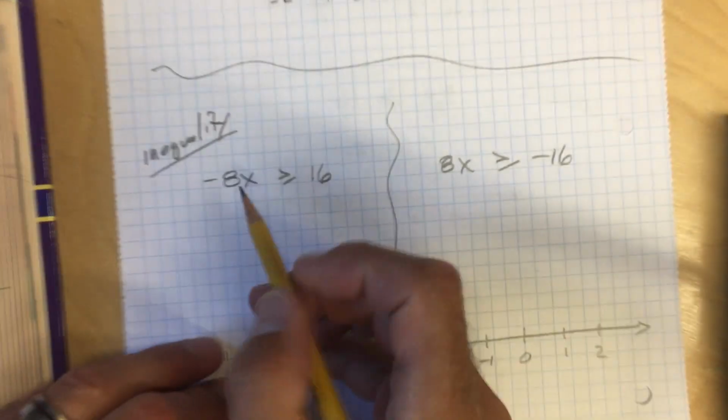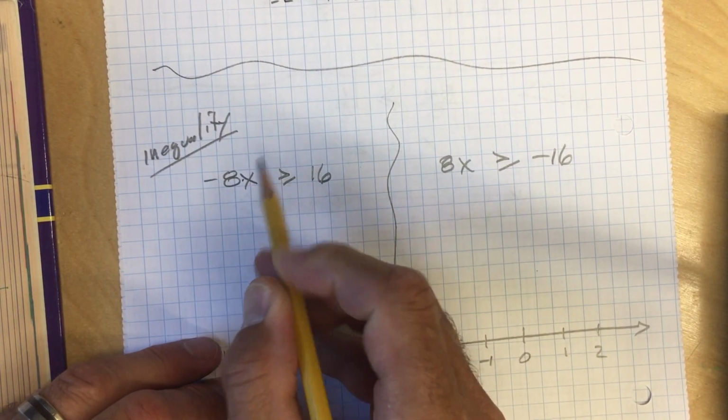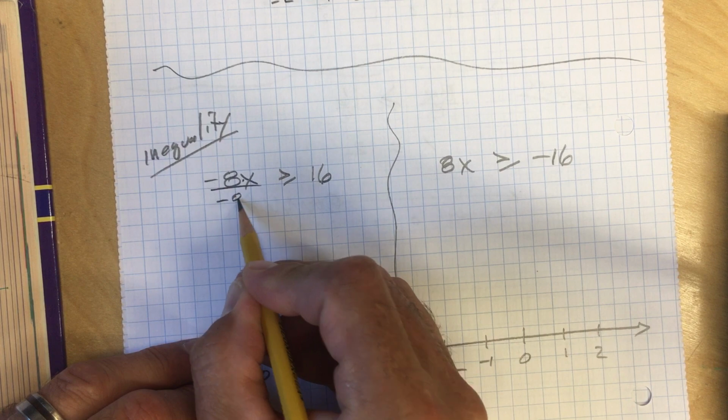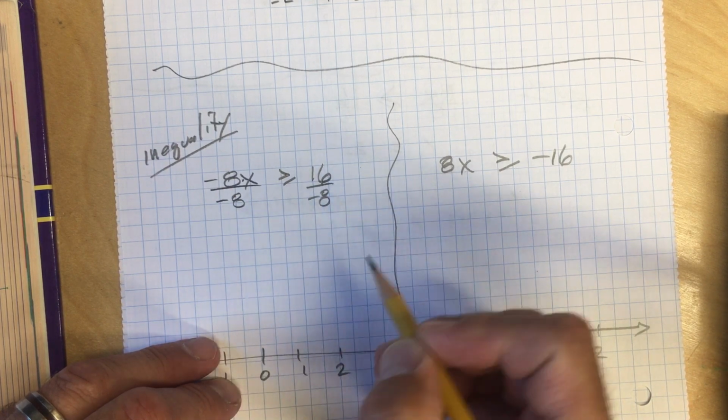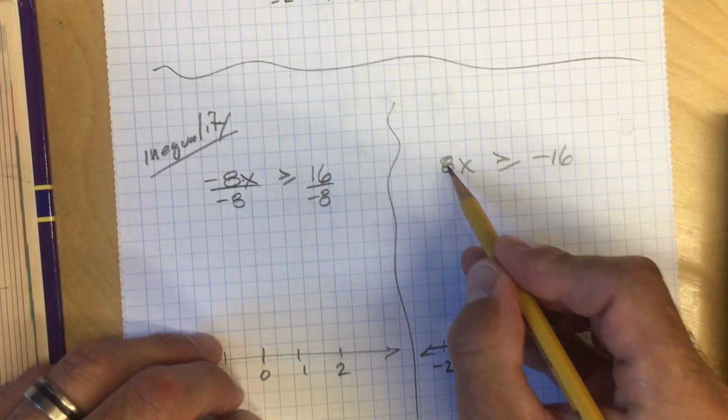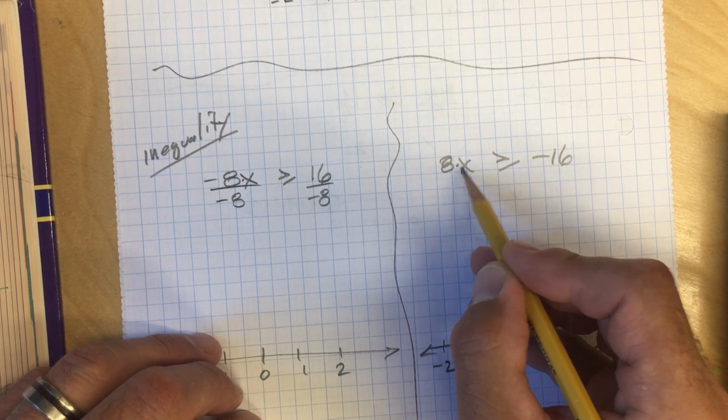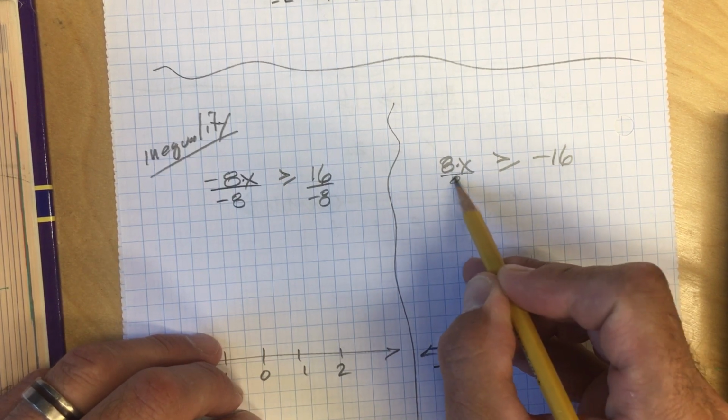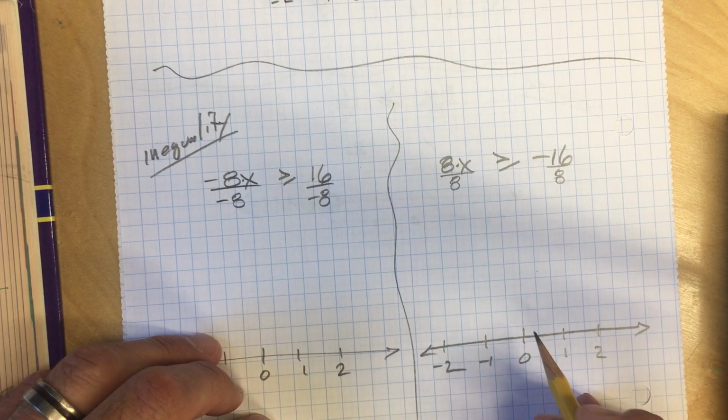Now, we have a negative 8 times x. We want to do the opposite operation, so we're going to divide by negative 8. We have an 8 times x. We want to do the opposite operation, so we divide by 8.